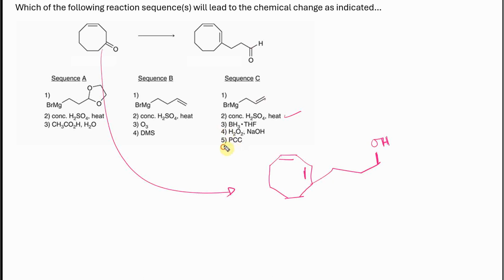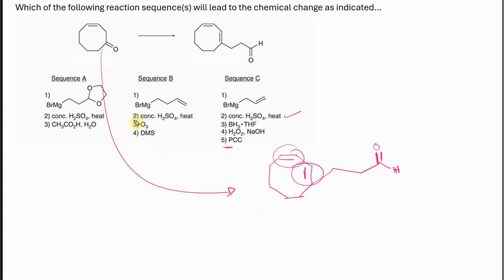Okay, and once you treat this with PCC, you will convert your primary alcohol to an aldehyde without converting it to a carboxylic acid. You'll get that. But the problem is your hydroboration oxidation is not only going to convert your terminal alkene to the anti-Markovnikov alcohol, it is also going to react with the ring alkenes.